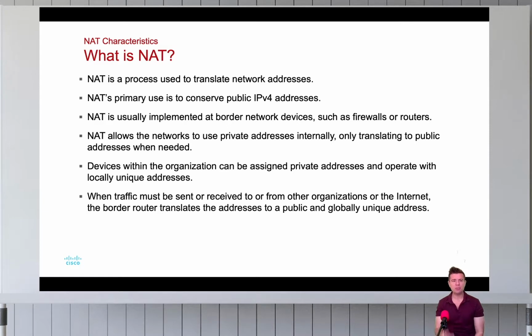But when traffic must be sent to or received from other organizations on the internet, that border device, the router or the firewall, translates your private address to a public, globally unique address. And by the way, that address you will receive from your ISP, from your internet service provider.